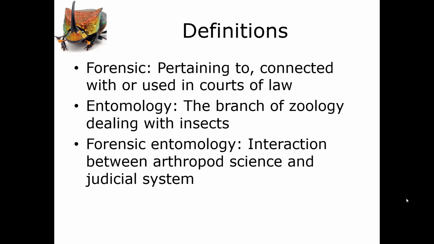So when we talk about forensic entomology then, this is the interaction between this zoology dealing with insects or arthropod science and the judicial system. Anytime we use insects in a court of law, or at a crime scene, or in a case, or there's a lawsuit, or whatever, then we have forensic entomology.